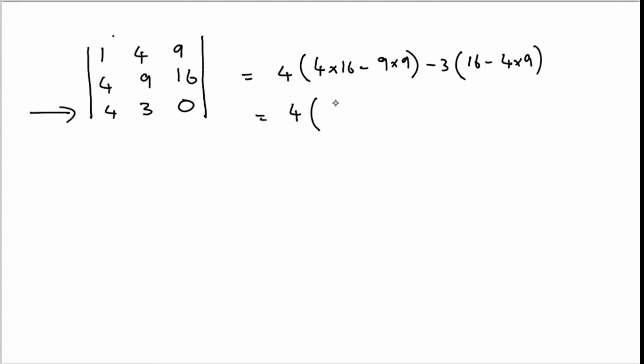4 into 16 is 40 plus 24, 64, minus 81, minus 3 into (16 minus 36) is 30 minus 20.